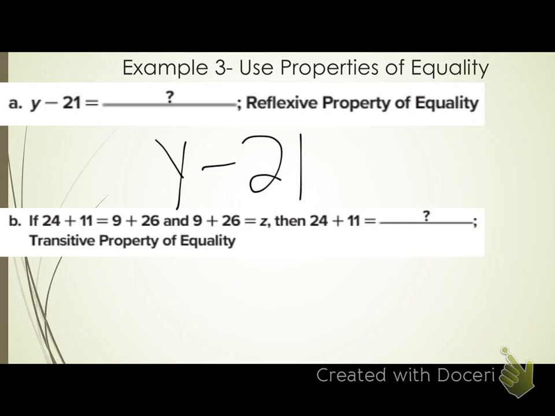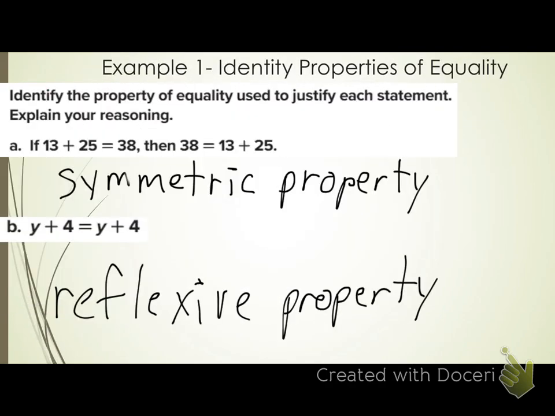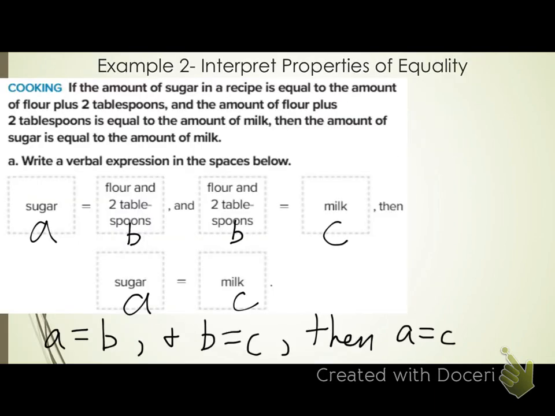Okay. Letter B. If 24 plus 11 equals 9 plus 26, and 9 plus 26 equals Z, then 24 plus 11 equals blank. And it wants us to use our transitive property of equality. We just used the transitive property in our previous example, and this is the one that has 3 total quantities, right? If A equals B and B equals C, then I know that A equals C as well.